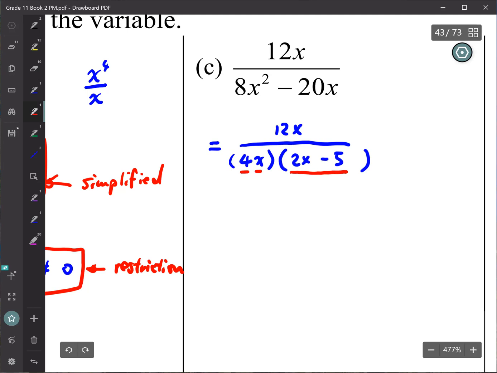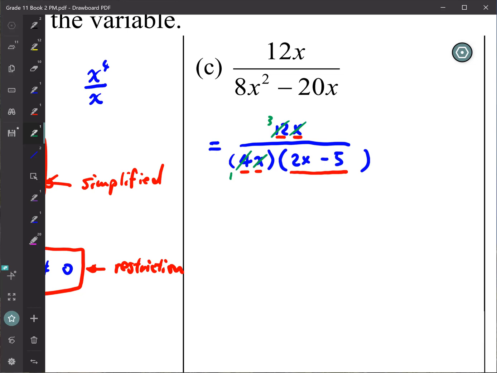Okay, so now if you look at the denominator again, we would have 3 parts. And then the top has 2. Only the same factors can cancel each other. Bottom has 3 factors, the top has 2 factors. Now you can start to do the canceling. The 4 and the 12 you can reduce. The x factor and the x factor are the same, so they are gone.